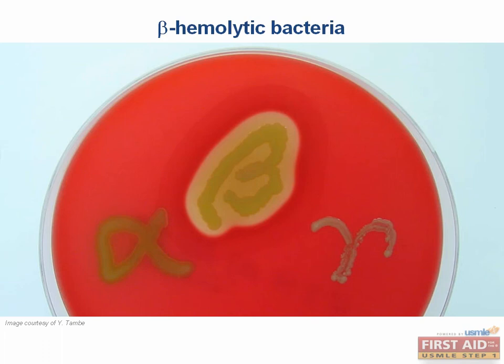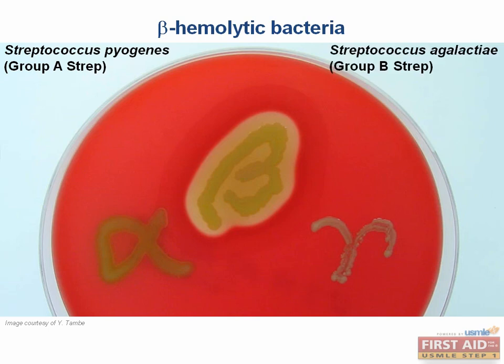I'm thinking of group A strep, like strep pyogenes, and group B strep, like strep agalactiae. You should also know, however, that there are two other gram-positive organisms that have hemolysin and can demonstrate beta hemolysis. These are Staph aureus and Listeria.